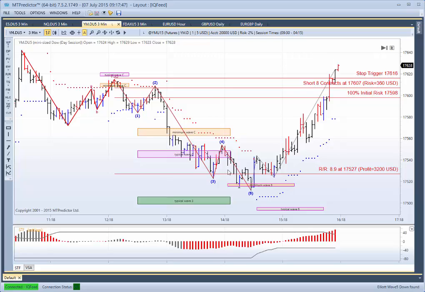In other words, in this case we actually had a lovely clear 1, 2, 3, 4, 5, and as of this bar here we were actually getting a 5-wave sequence, but more importantly we were at a WPT level where the 5-wave sequence was anticipated to end. So that made sense to then start to trail your stop one tick above the bar highs and come out at that level and put in the bank an 8.9R profit, which is very nice indeed.